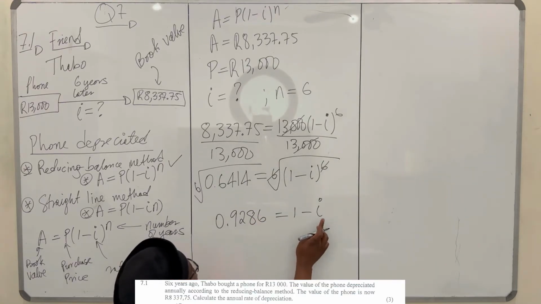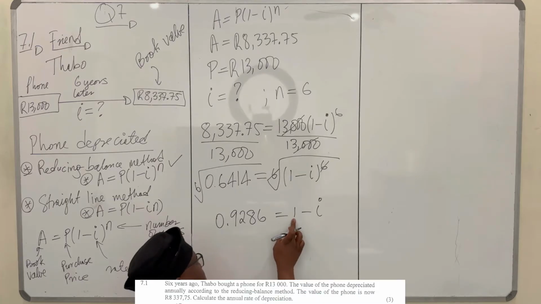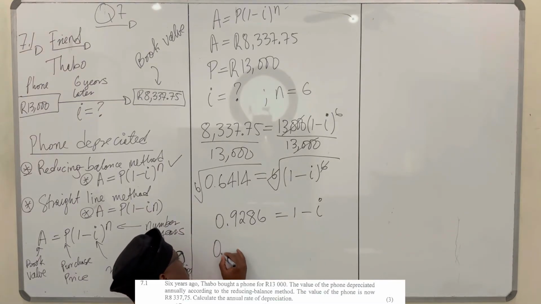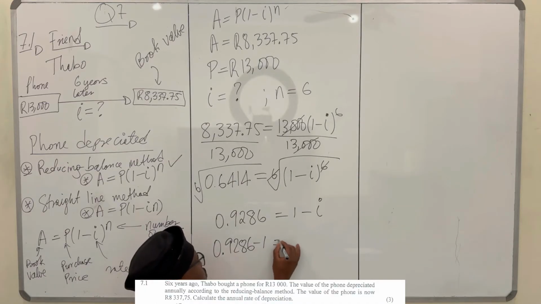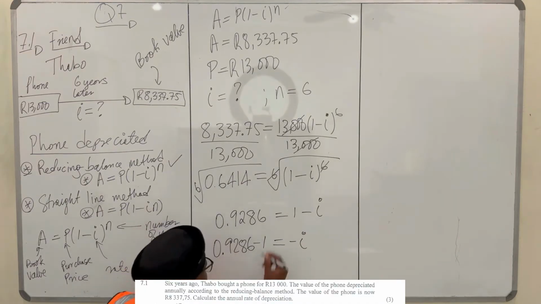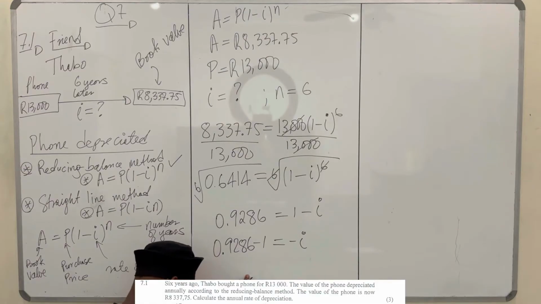Then you solve for I. Now you have direct access to I. Transpose this to the other side. So what you have is 0.9286 minus 1 is equal to negative I. So let's go and find an answer to this.